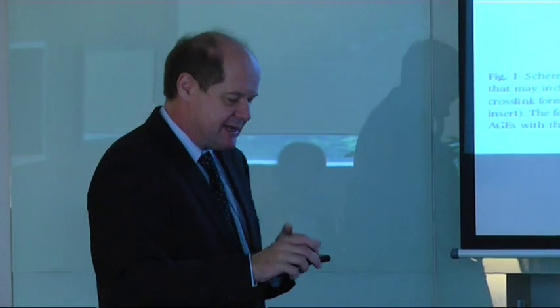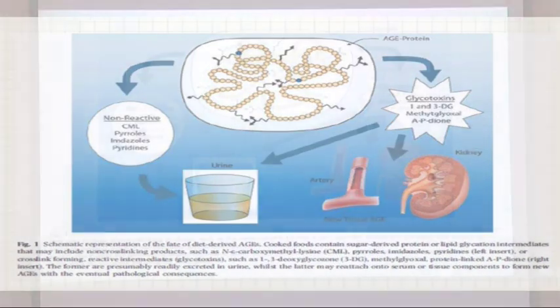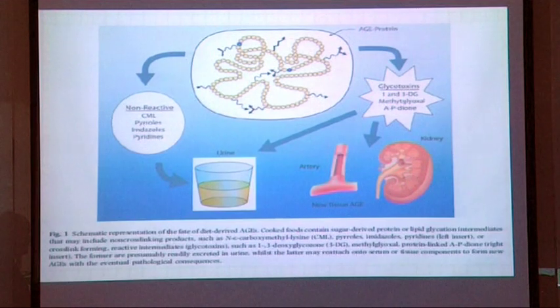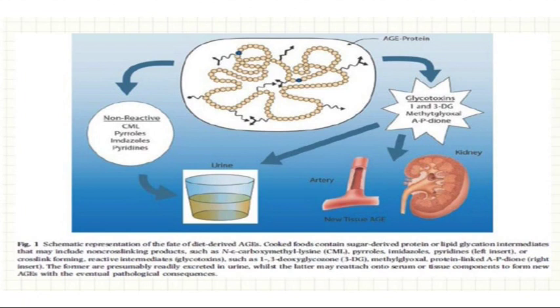How can you visualize that? If you have a protein string, there are amino residues which can cross-link with either sugars, sugar moieties, or lipid moieties, and these can cross-link the protein folding, so the functional features of these three-dimensional proteins are disturbed, and they will stimulate wrong metabolic and enzymatic activities.